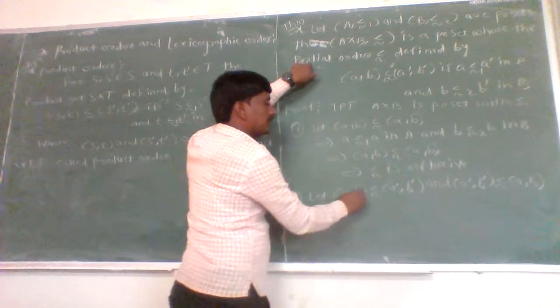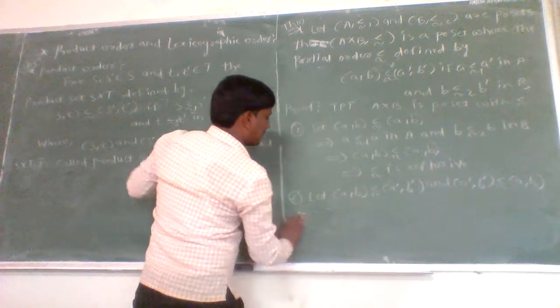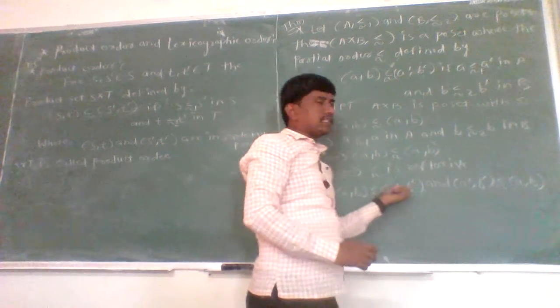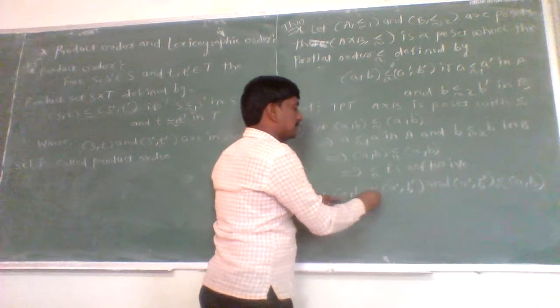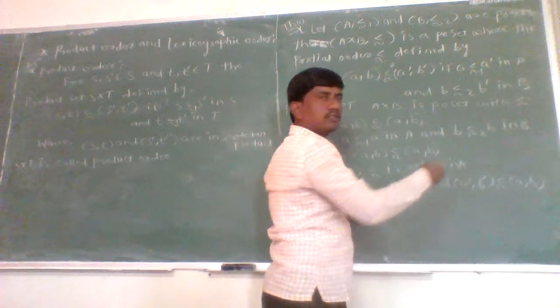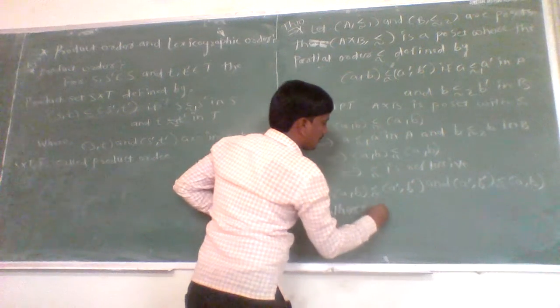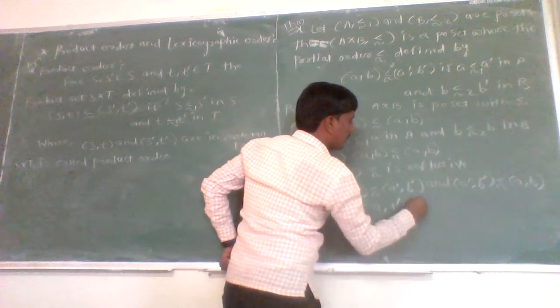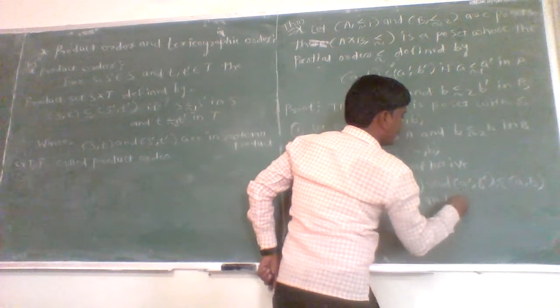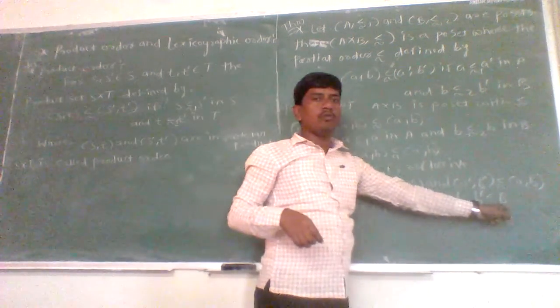As (a, b) precedes (a', b'), a and a' belong to set A and b and b' belong to set B. But we know that A and B are two posets.